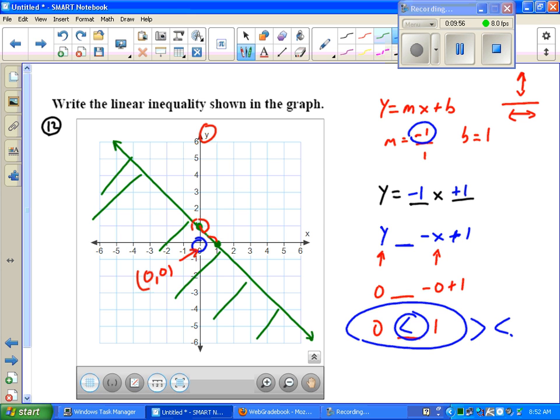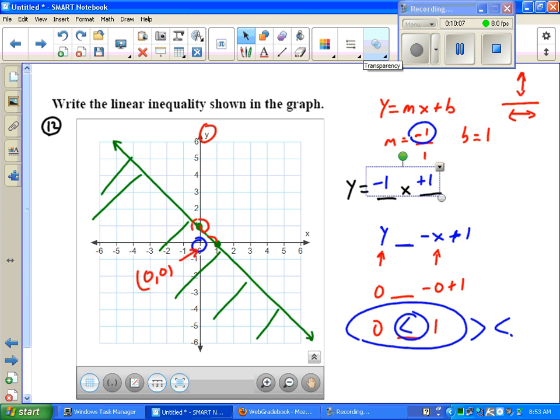So you go back to the original equation you came up with. Let's move all these little guys over and put them back where they belong. The original one you came up with, y equals negative x plus 1, and you want to put y is something negative x plus 1.